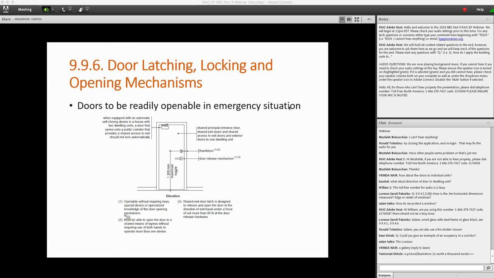Okay. So this is also an illustration over here. Okay, and it's very clear. So it discusses, for instance, if you have a door release hardware, the maximum height that the hardware has to be installed, and the force that is required to open the door, and the force is required to be not more than 90 newtons.